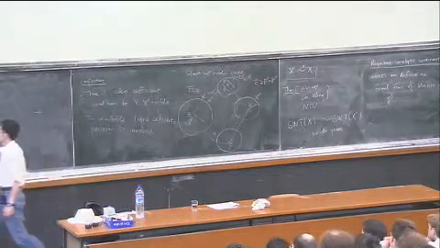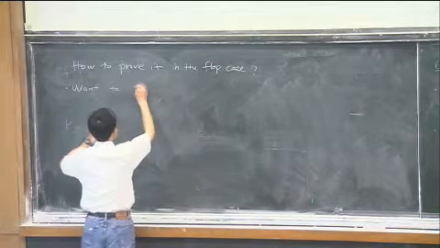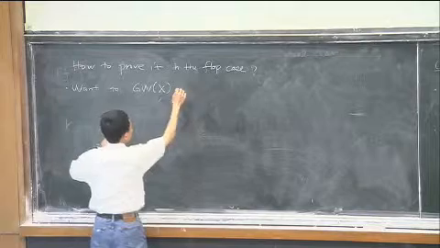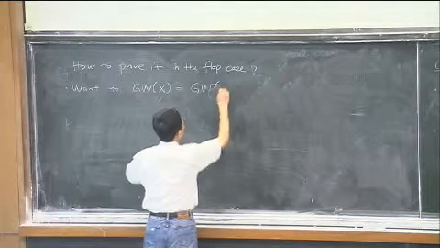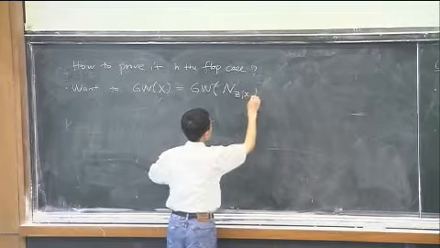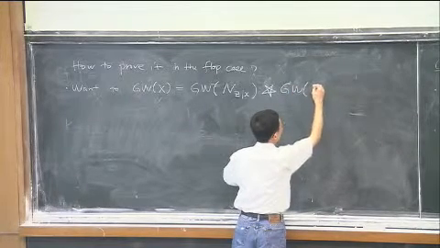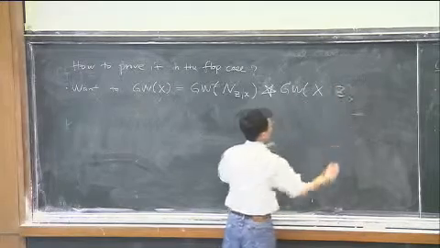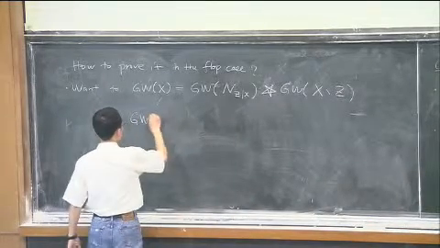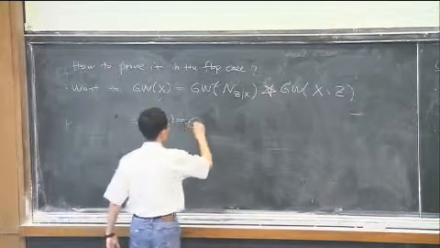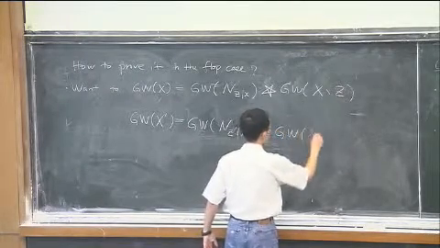The first observation is I want to say the Gromov-Witten theory of X is somehow the Gromov-Witten theory of the neighborhood of Z inside X, combined with the Gromov-Witten theory of the outside, X minus Z. If I can do that, that would be great, because then that will be the same as Z prime in X prime, and then the Gromov-Witten theory of X prime minus Z prime.